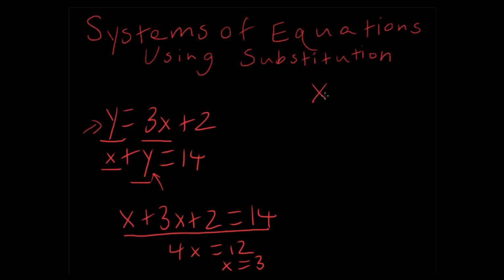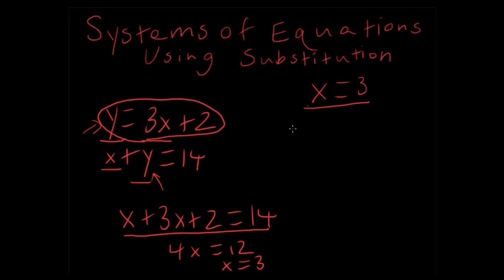So now we did half of it. You solved for one of the variables. But in a system of equations, you're usually asked to solve for both variables. You know what x is, but you don't know what y is. But lucky for you, you have y in terms of x. So you can just plug this x equals 3 back into this top equation, y equals 3x plus 2.